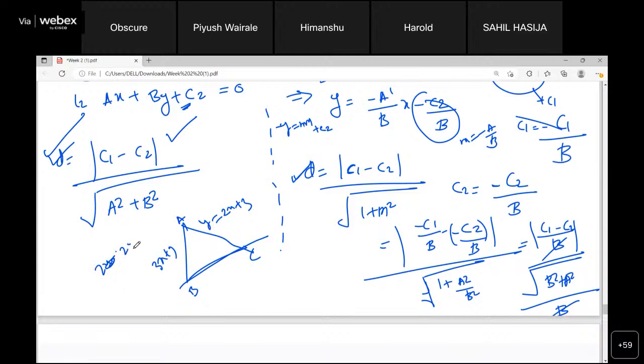For BC, it is given as y minus 2x plus 1. We have to find AC, and the coordinate A is given as (5, 2).